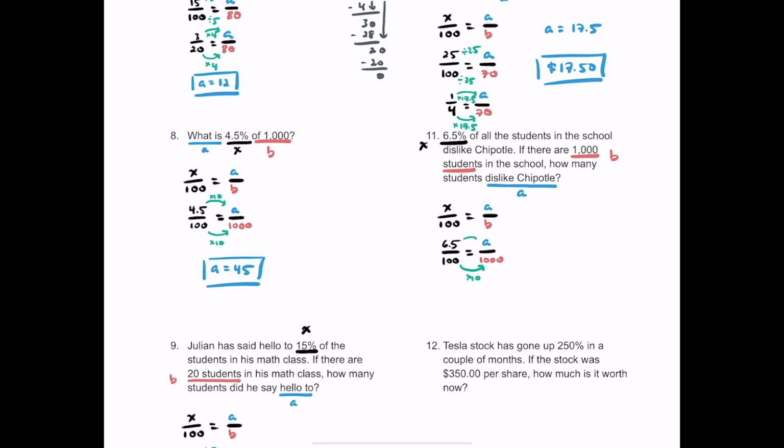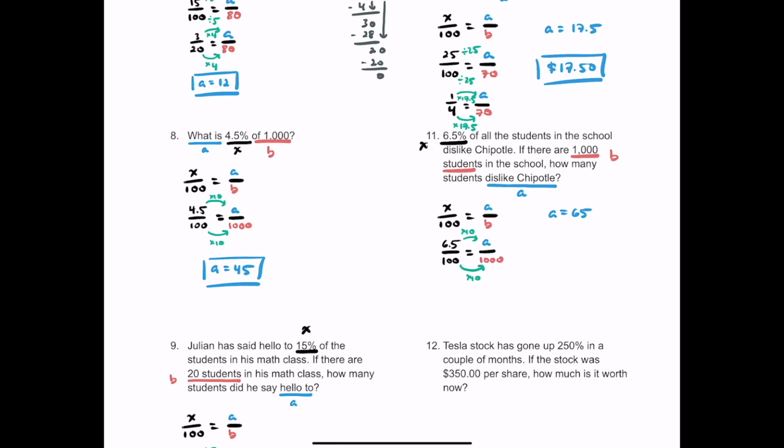Don't simplify if you don't have to. 6.5 times 10: if you multiply anything by 10, you just slide the decimal once to the right, and it becomes 65. So we can say A equals 65.